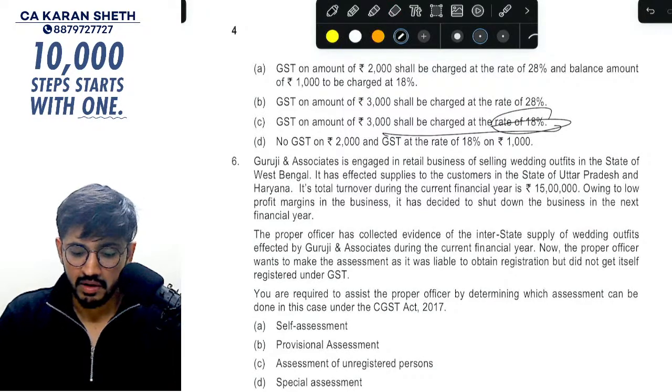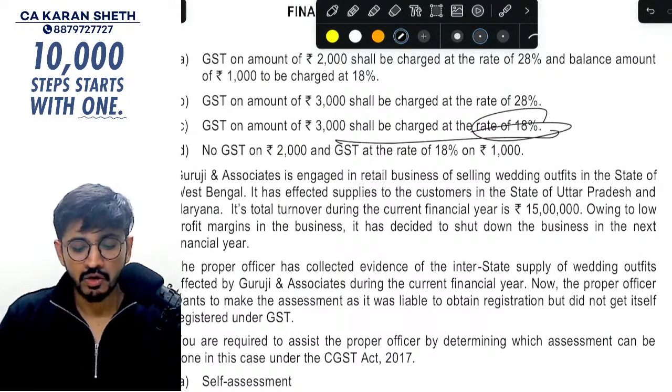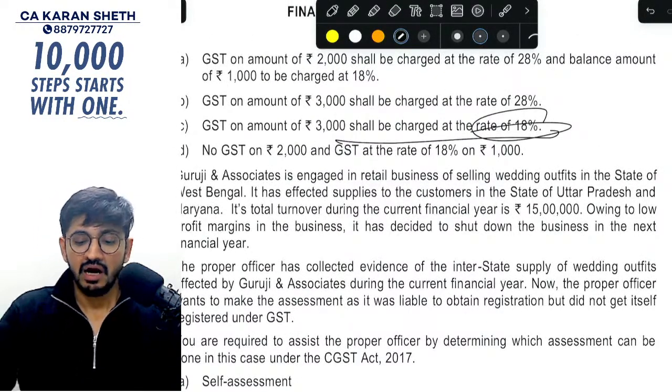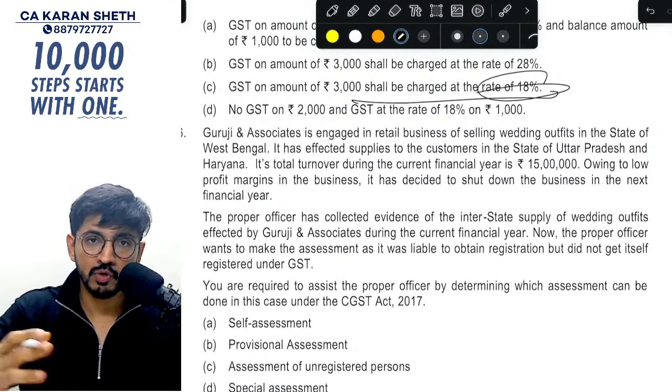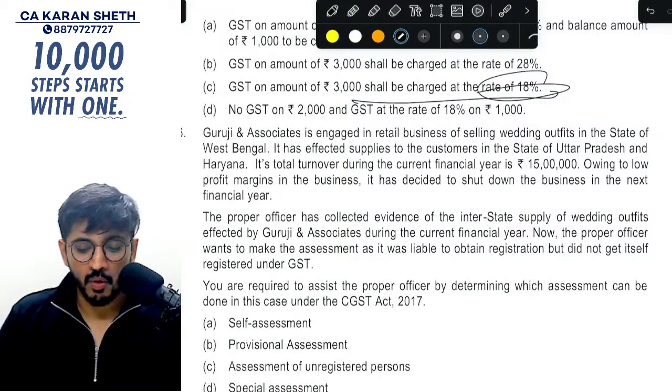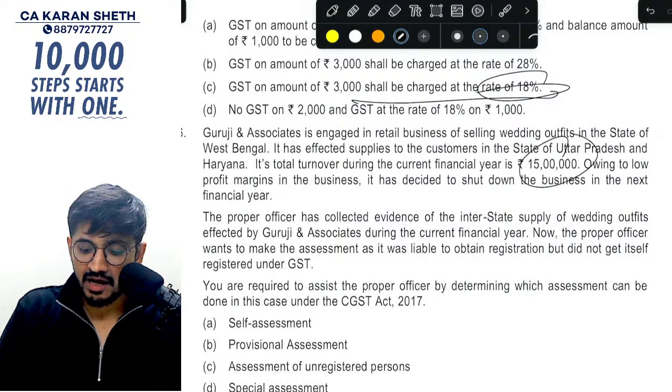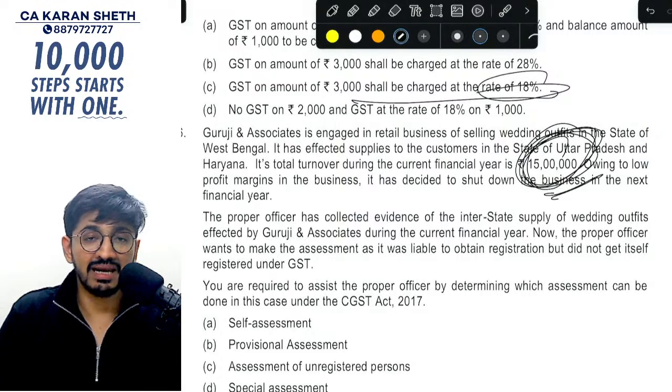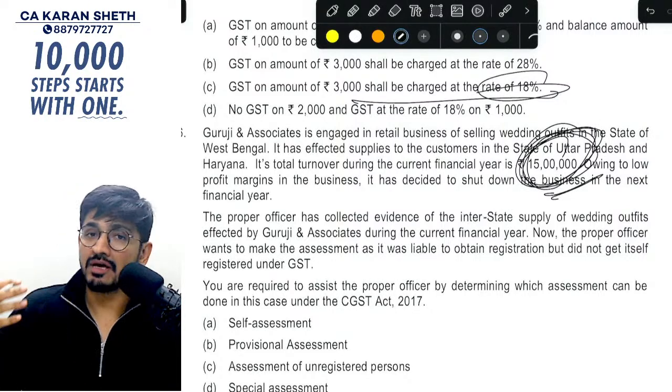Now, let's directly go to Guruji and Associates, my dear friends. Understand, here what happens is Guruji and Associates are into the business of wedding outfits, and all I'd like to say is that they are arguing that, listen, our turnover is 15 lakhs, and which is why we are not liable to register.